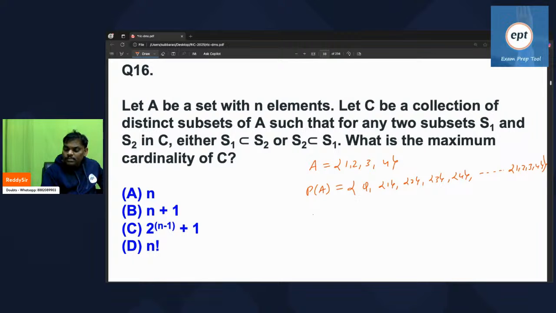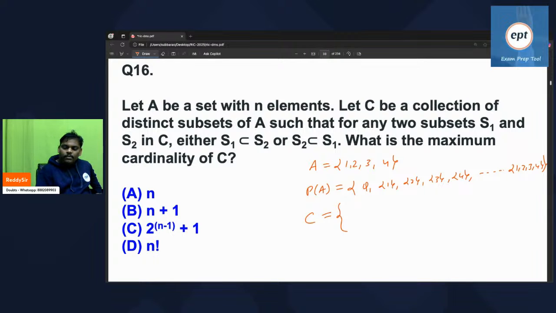But what he's saying is C is also a collection of distinct subsets of A such that for any two sets S1 and S2 in C, either S1 is a subset of S2 or S2 is a subset of S1. Remember everyone, you cannot keep all subsets. If you take any two subsets, either S1 is a subset of S2 or S2 is a subset of S1.